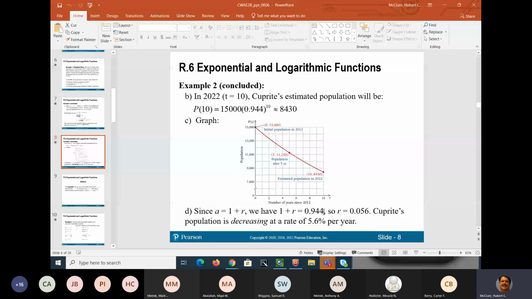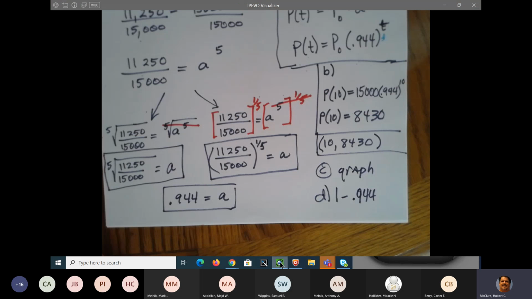What they're doing is they're just taking it away, using the opposite of 0.944, the inverse. You could call it the complement. What is the complement of 0.944 to 1? 0.056. So for C, you graph it. For D, you say 1 minus 0.944, and that would give you 0.056.